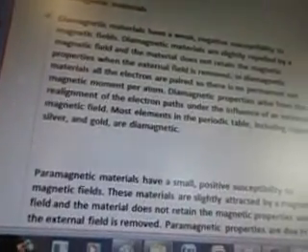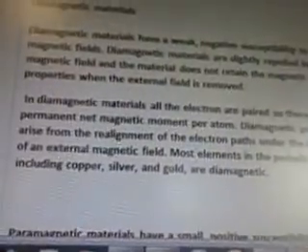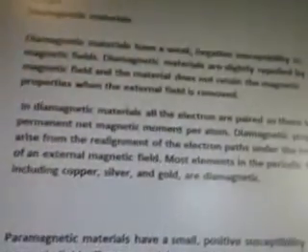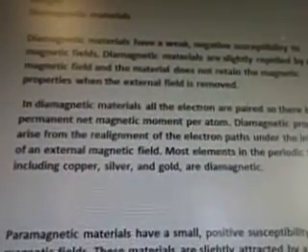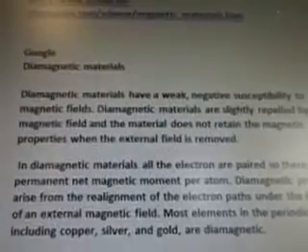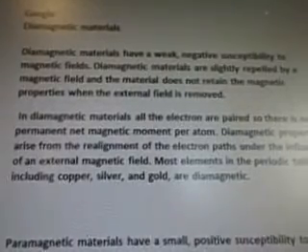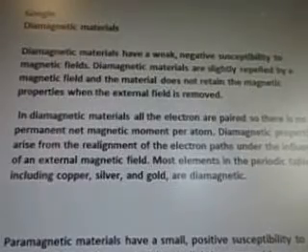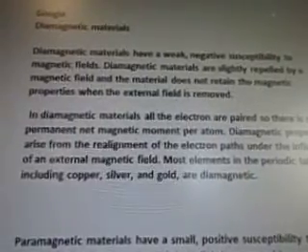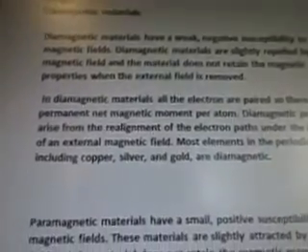I forgot to break it down here, so just do this real quick. It's just a little bit too big chunks. Okay, so diamagnetic materials have a weak negative susceptibility to magnetic fields. Diamagnetic materials are slightly repelled by a magnetic field, and the material does not retain the magnetic properties when the external field is removed.